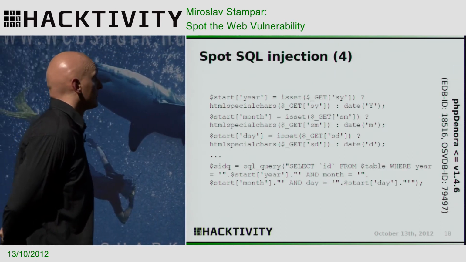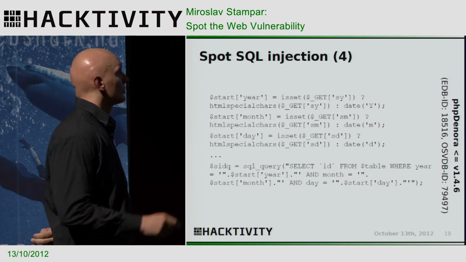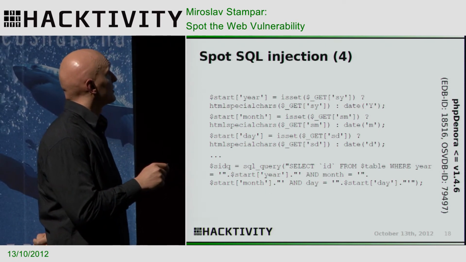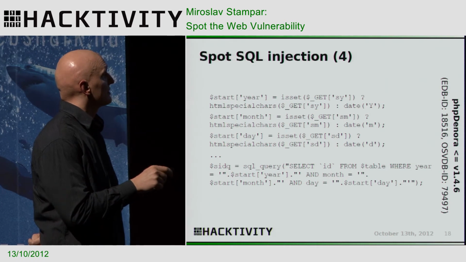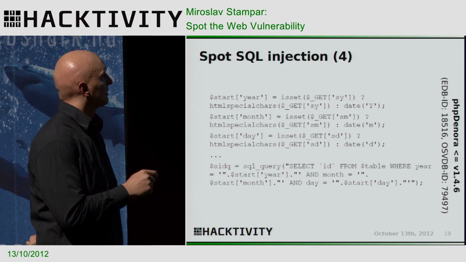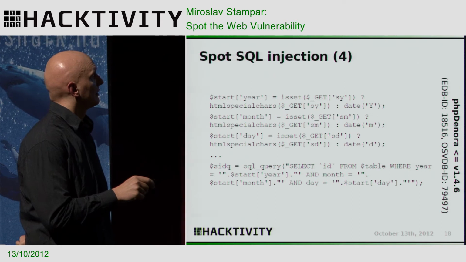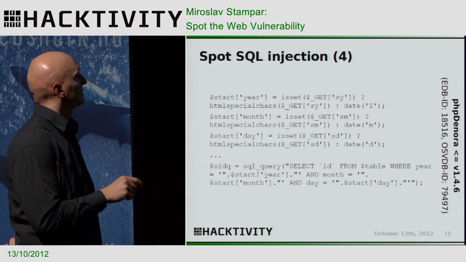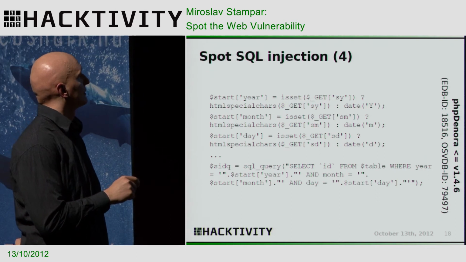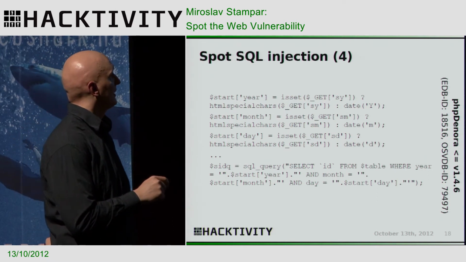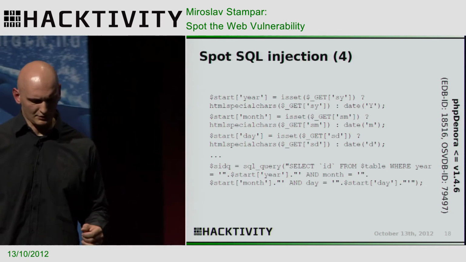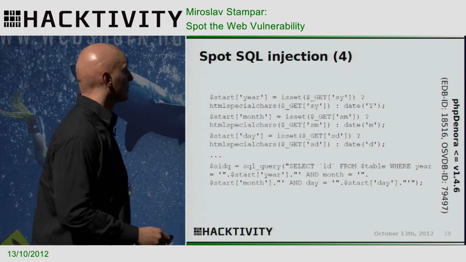This is one of those tricky examples where it's not quite obvious why this is vulnerable. The writer of this web application used some form of protection, htmlspecialchars, which filtered those special characters, also those single quotes, double quotes, and stuff like that.